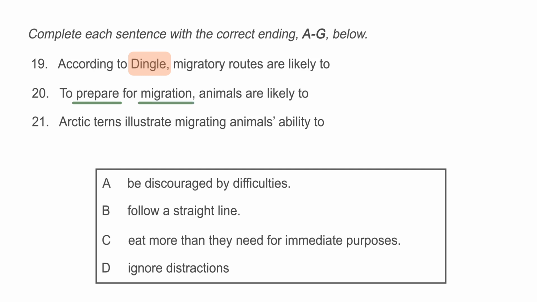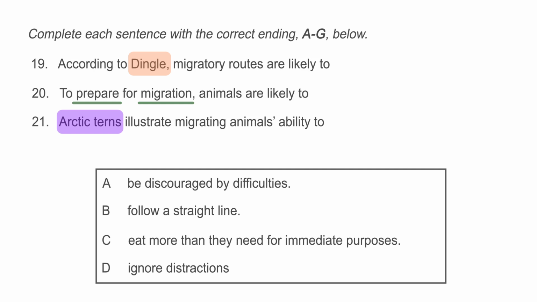But these are words that are repeated a lot in the text and cannot be used as a very useful keyword. And question number 21, Arctic terns illustrate migrating animals' ability to. Arctic tern is a word that definitely will be used in the text too. So this is again our easiest keyword here.